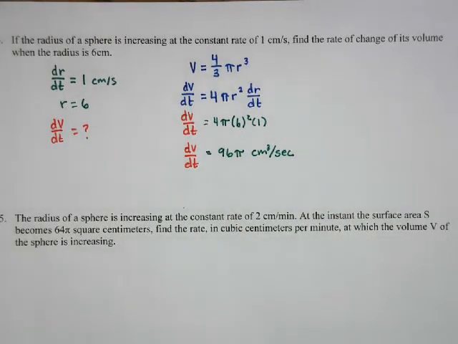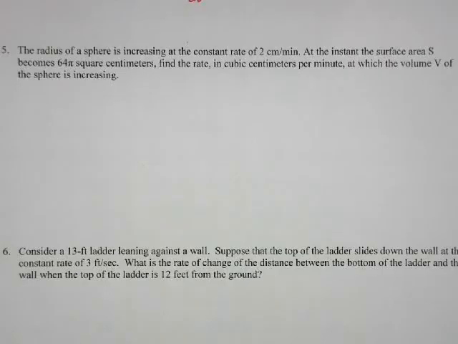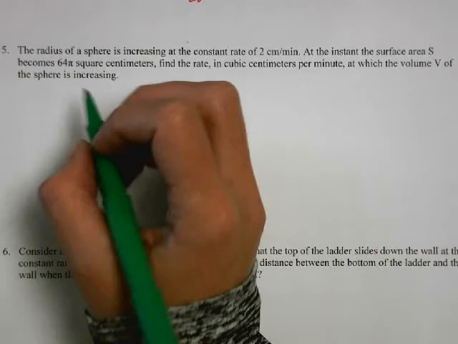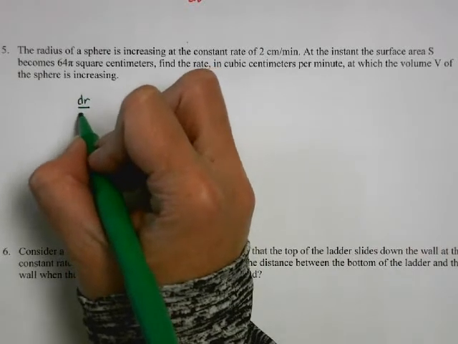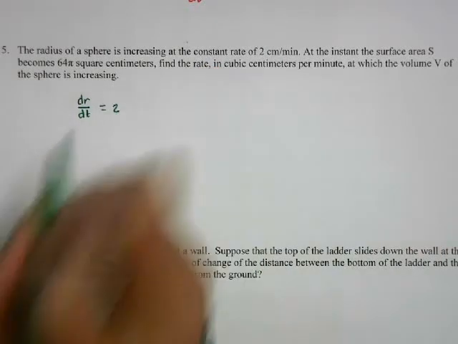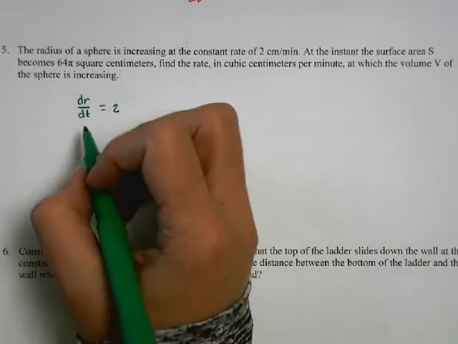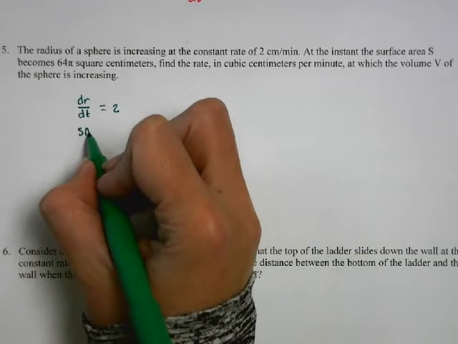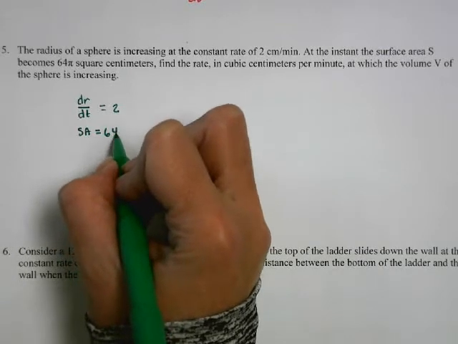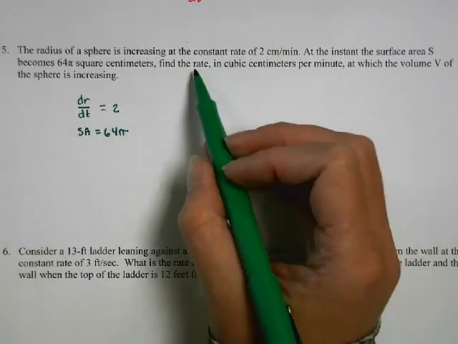Have another sphere problem. The radius of the sphere is increasing at a constant rate of 2 centimeters per minute. So dr dt equals 2. At the instant the surface area becomes 64 pi, so SA equals 64 pi, find the rate in cubic centimeters per minute at which the volume of the sphere is increasing.